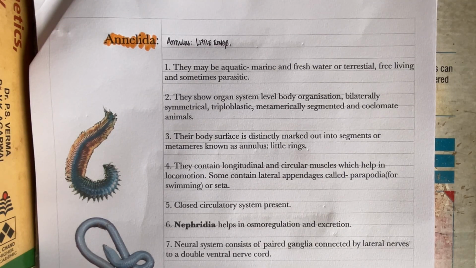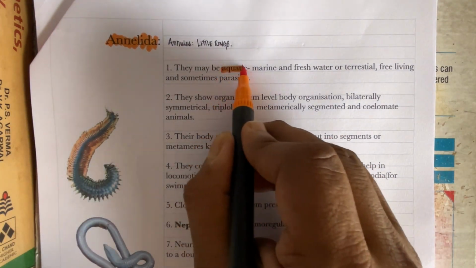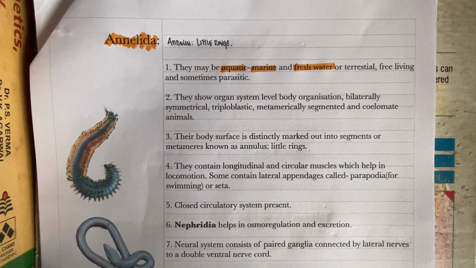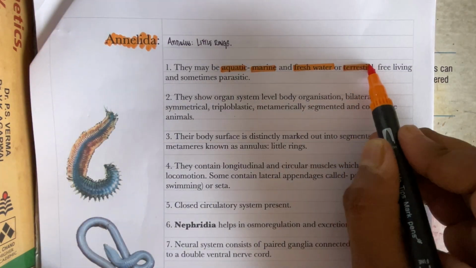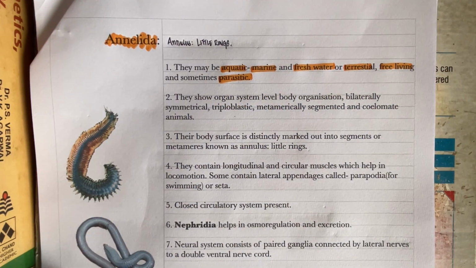The first thing that you need to remember from the characters of Annelida is they may be aquatic. If they are aquatic, they can be either marine or freshwater. That means in an aquatic environment, they can live in salty water as well as in fresh water. They can be terrestrial, they can be free living, and sometimes parasitic. Not always, but sometimes.